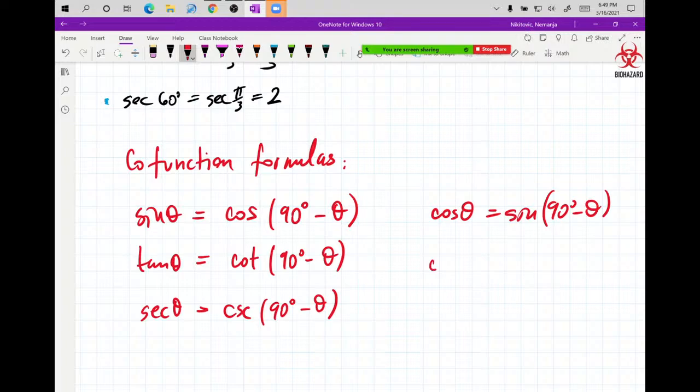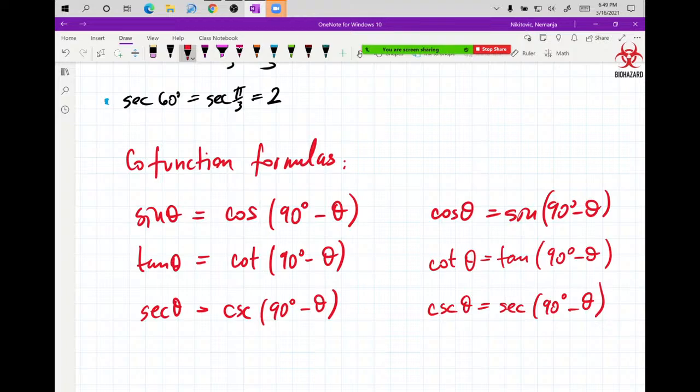And the cotangent theta is tangent of 90 minus theta. And finally, cosecant theta is equal to secant of 90 degrees minus theta. Now, those 90 degrees might as well have been pi over 2, right? So these are the cofunction formulas.